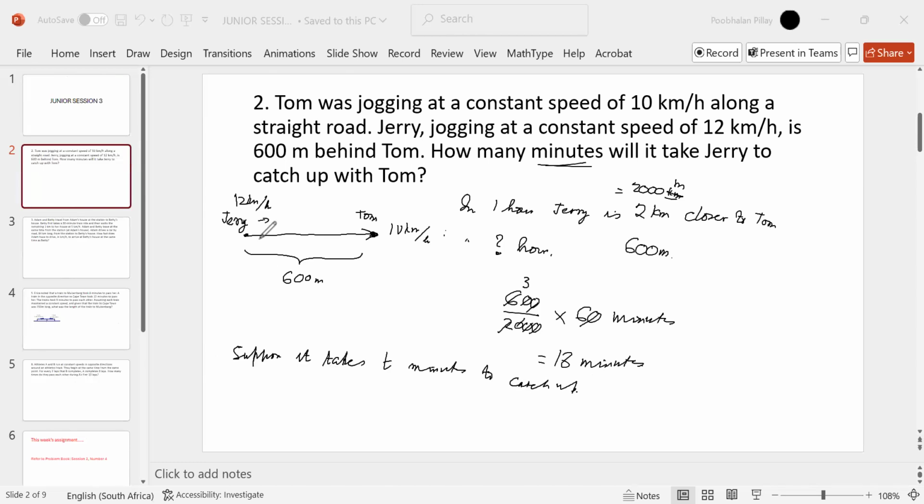All right, so in those 3 minutes, Jerry, now you've got the time, you see? So Jerry is traveling, the speed is 12 kilometers in 1 hour. So Jerry covers, right? So if you say 12 kilometers in 1 hour, it'll be 12 over 60 kilometers in 1 minute.